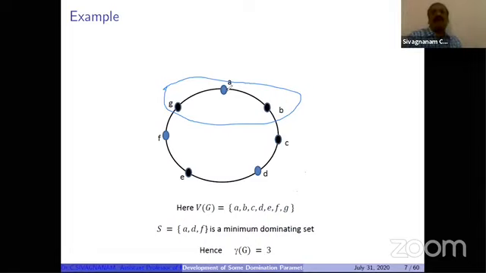But here in this example we have 7 vertices, so at least 3 vertices are needed to dominate the whole graph. Hence gamma is equal to 3 here. Minimum 3 vertices we require.